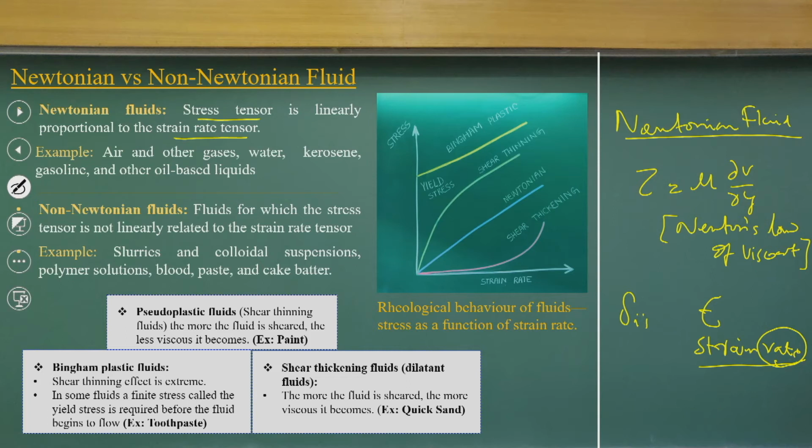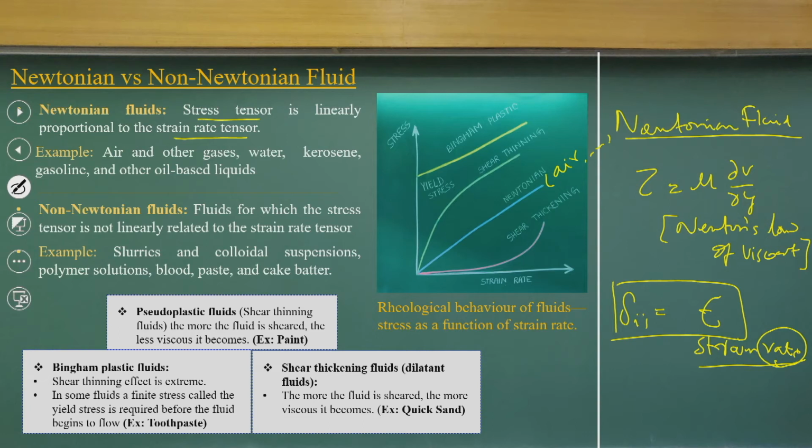If this relationship is linear, like most normal fluids such as air and water, it follows a linear relationship between stress and strain rate. That makes Newton's law of viscosity valid, and that fluid flow we define as Newtonian fluids.